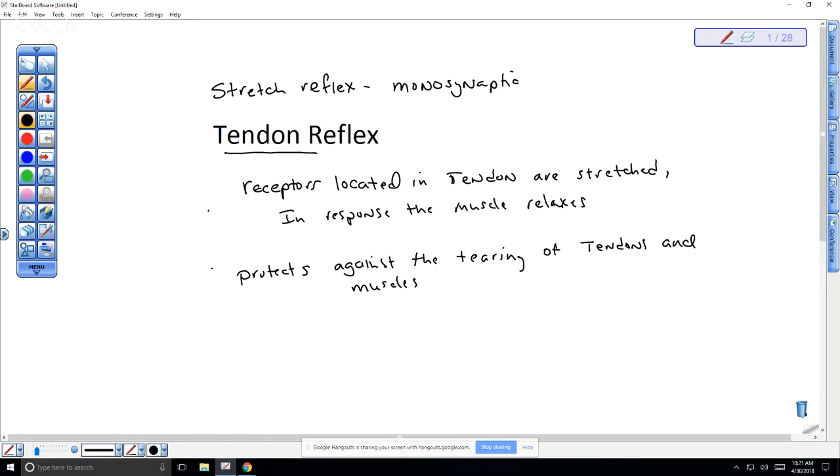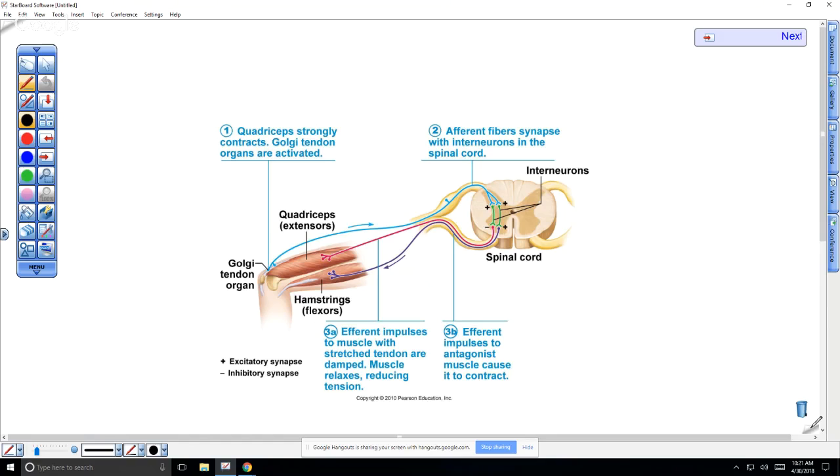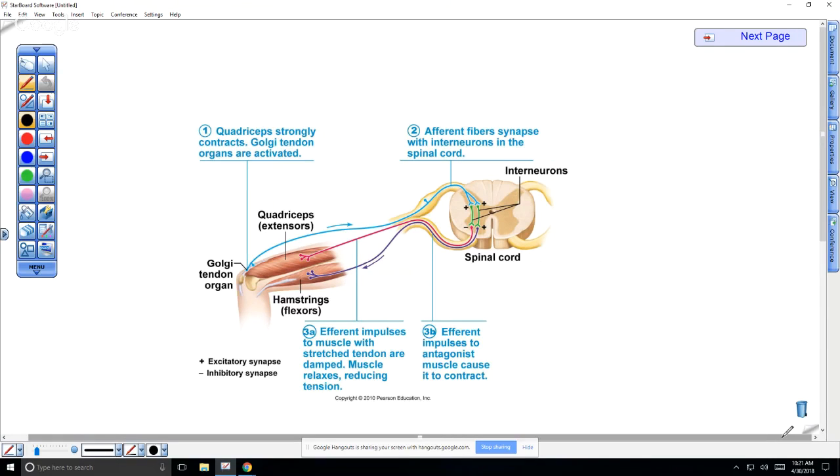So that's the tendon reflex. And if we look at it in your book, would this be an example of a polysynaptic or monosynaptic reflex? Is an interneuron present? Yes. Okay. So this is the tendon right here of this muscle, right?